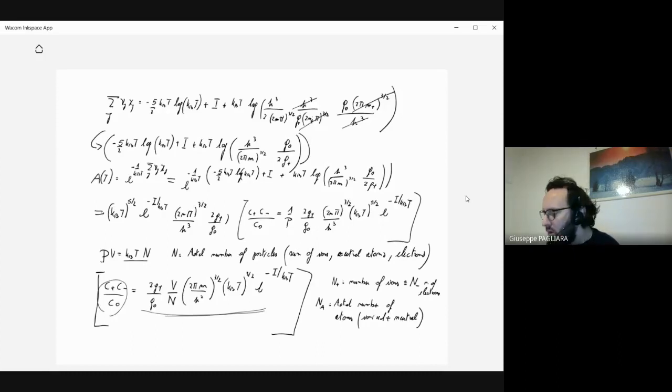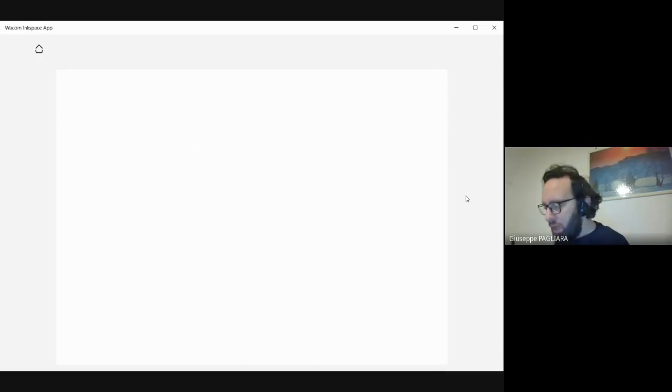Now, by introducing this quantity, we can compute the concentrations. Let me change page.